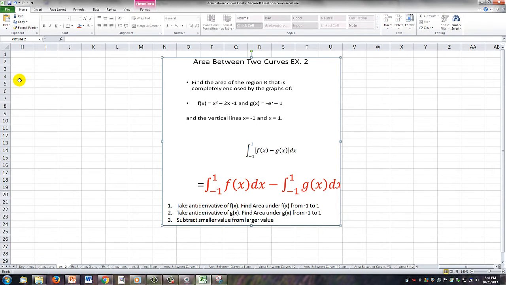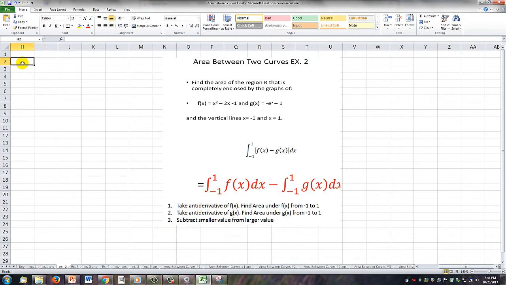Okay, so to find the area between the two curves using Excel, we'll set up our x, and we know the lower limit is -1 and the upper limit is 1. We will say anti f of x and anti g of x.